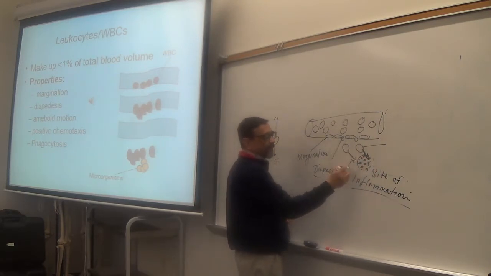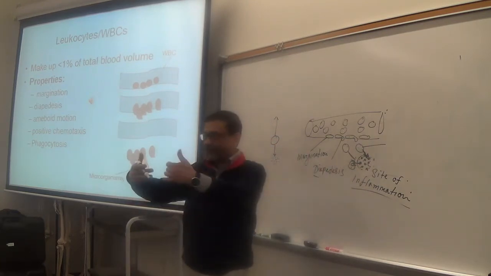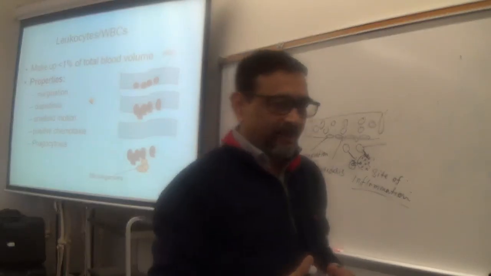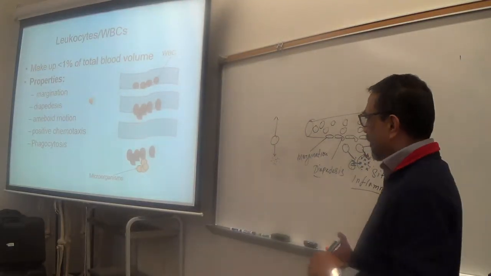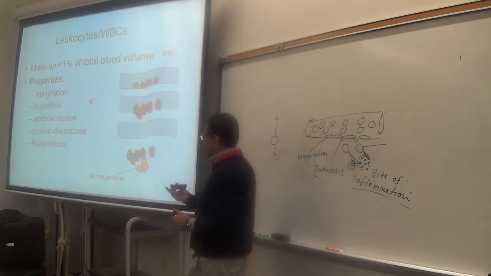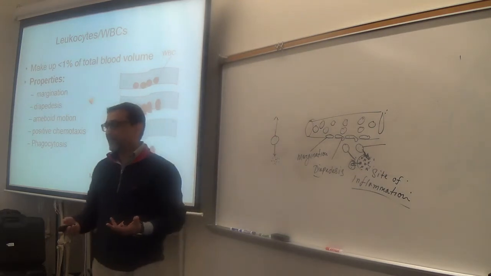These white blood cells are now here, and they will do phagocytosis. Phagocytosis is the process by which the white blood cells engulf the microorganisms, right? So they will engulf them and destroy them. So that's the purpose of all these: margination, diapedesis, amoeboid motion, and chemotaxis.